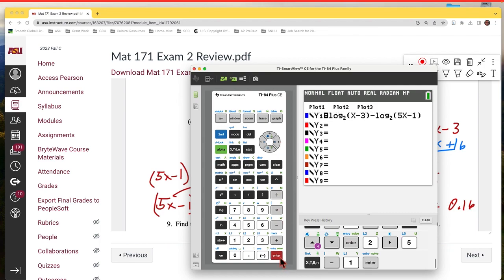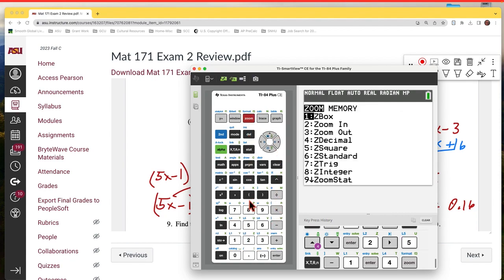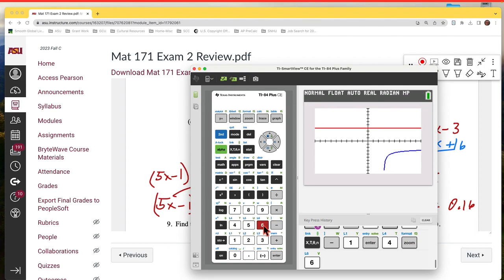So that was the left side. On the right side we have 4. And let me go to zoom standard 6. And we can kind of see the blue one's down there. If it's going to intersect, it's going to be way out there.